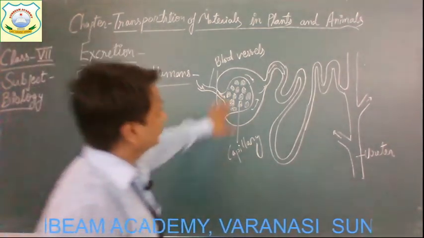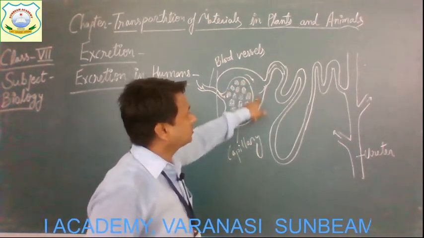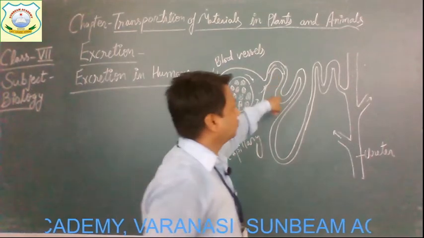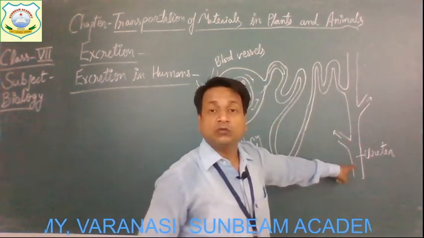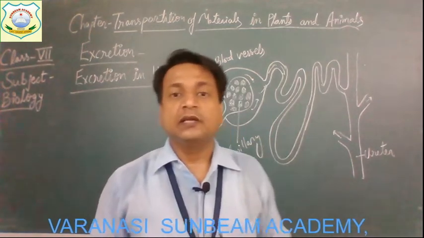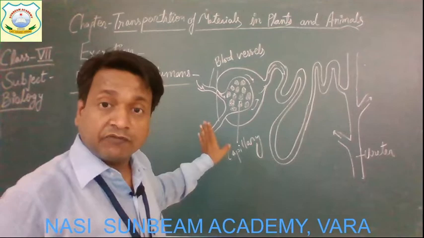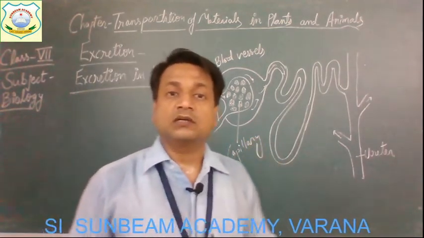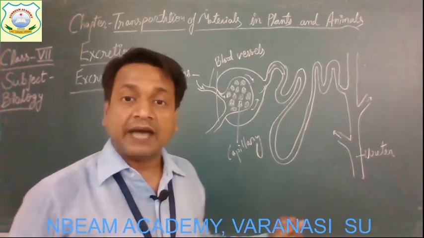Here the filtration of blood occurs, and all the waste material gets collected and moved to this tube, and finally it goes through the ureter and is collected in the urinary bladder. Get it? These nephrons filter out excess water, salts and urea from the blood as it passes through them.